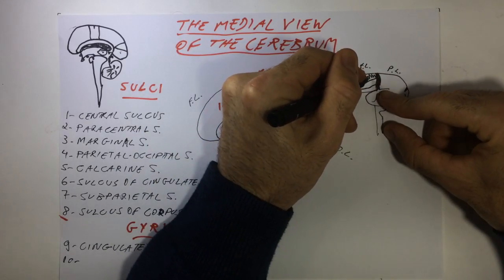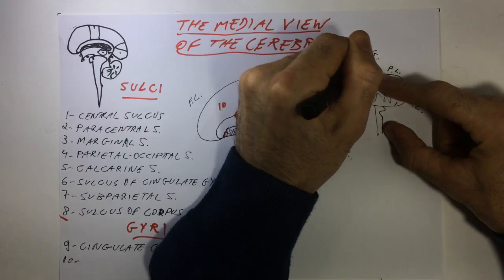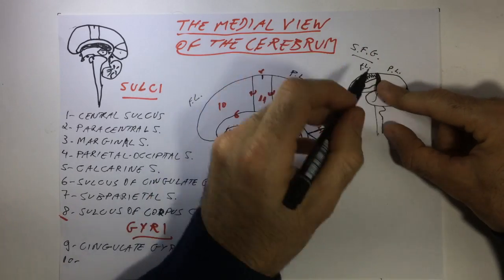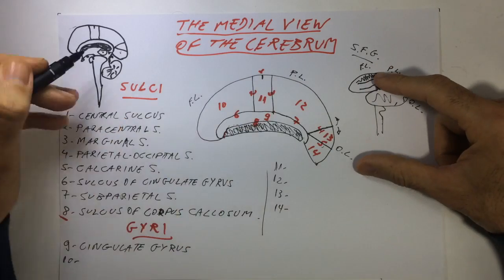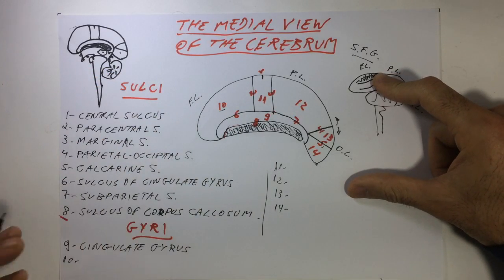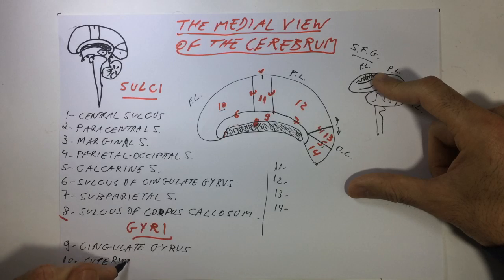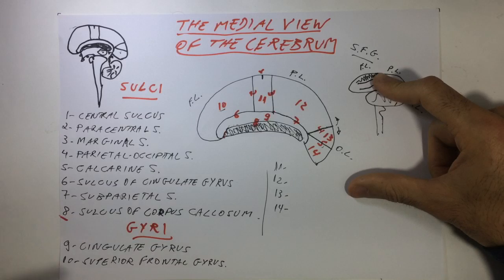And here we have the superior frontal gyrus. And what happens is that this gyrus also goes around the hemisphere and finishes here. So that is also the superior frontal gyrus.